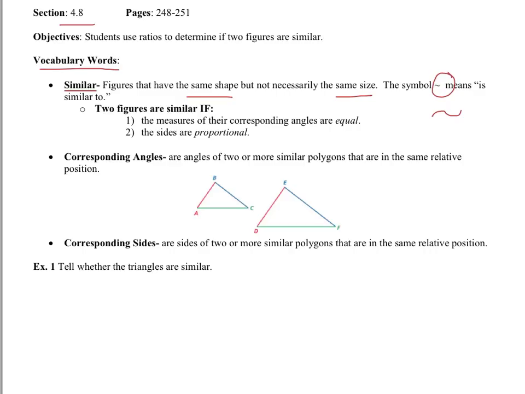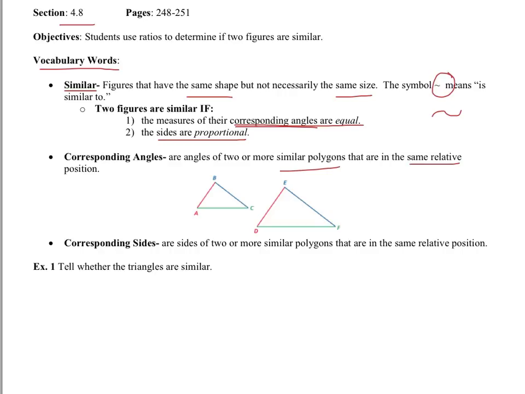So two figures are similar if the corresponding angles are congruent, if they're the same measurement, and also the sides have to be proportional. So we're still going to be solving some proportions for this chapter. Corresponding angles are angles that are in two similar polygons and are in the same relative position, so they're the same spot.